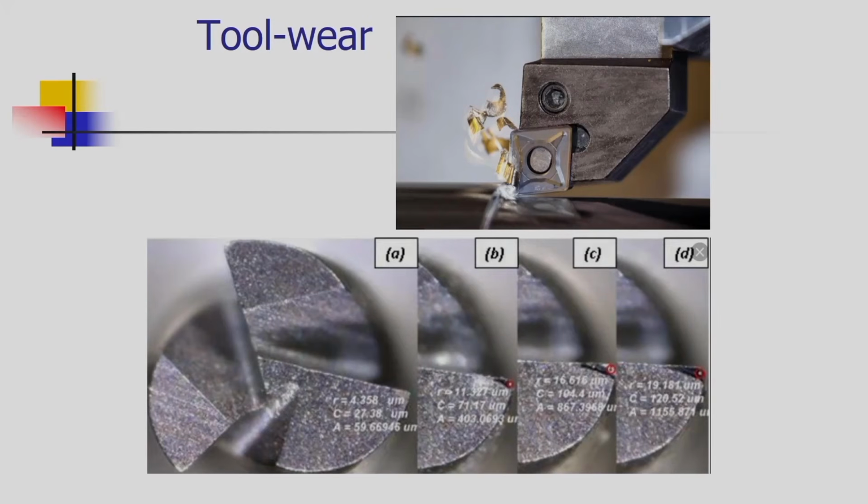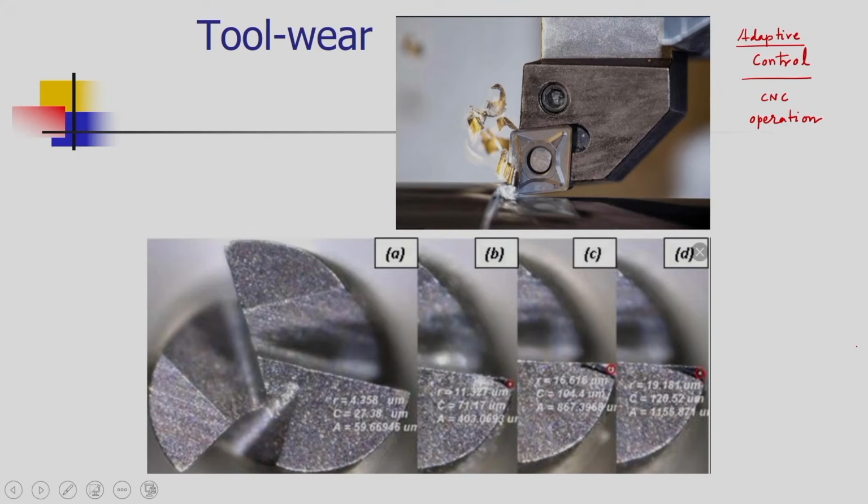Some advanced concepts are coming in CNC machine tools. So, these are adaptive control. So, what is the meaning of adaptive control, the usage of adaptive control technology in CNC operation?